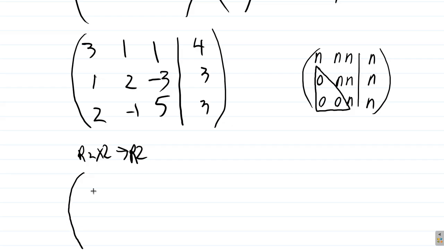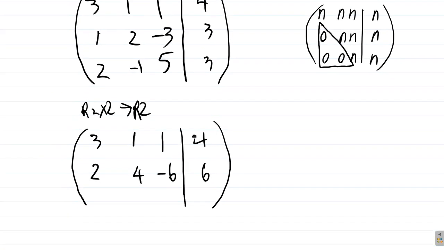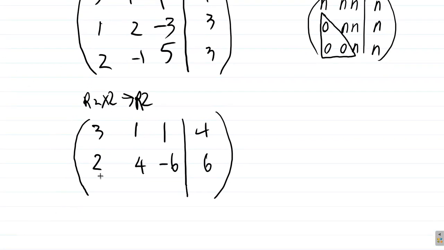So here now, you have 3, 1, 1, 4. 2 times 1 is 2, 2 2s are 4, -3 by 2 is -6, 3 2s are 6. Okay, so there we are with row 2. We write back our row 3, 2, -1, 5, 3. Okay, so there we go.